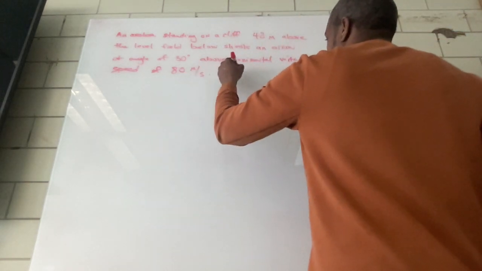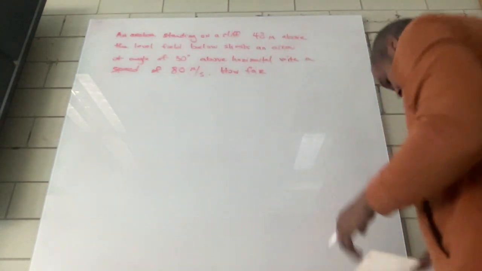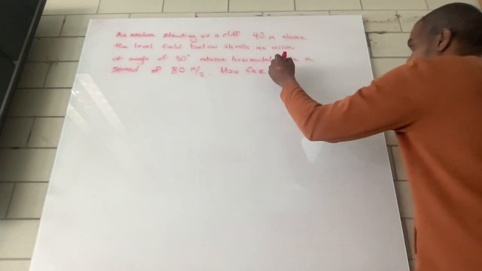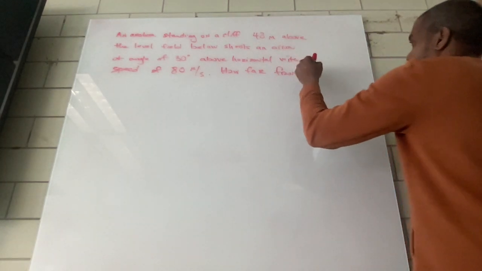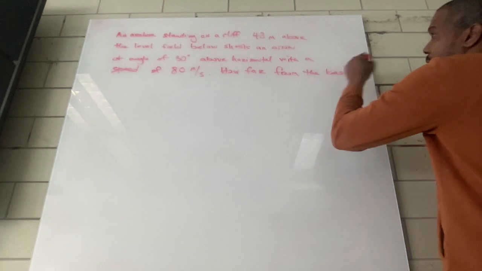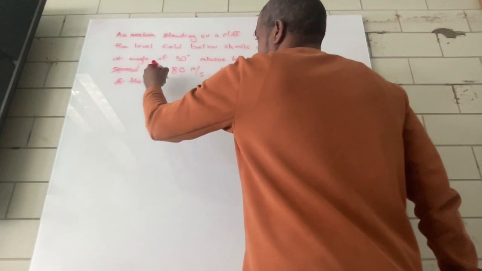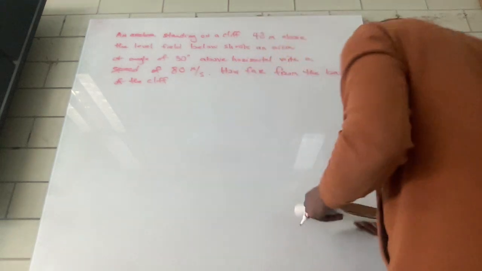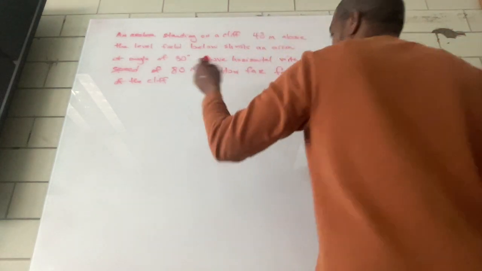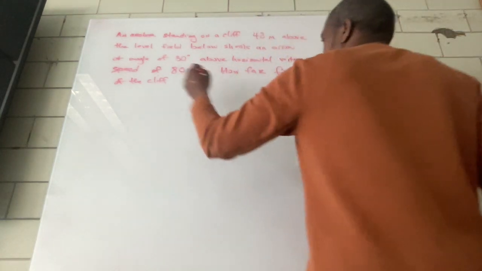How far from the base of the cliff does it land? Will the arrow land?